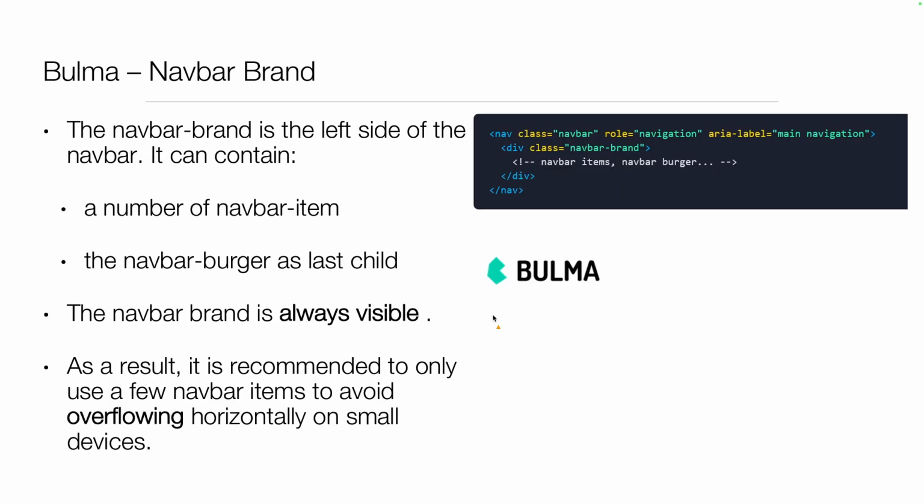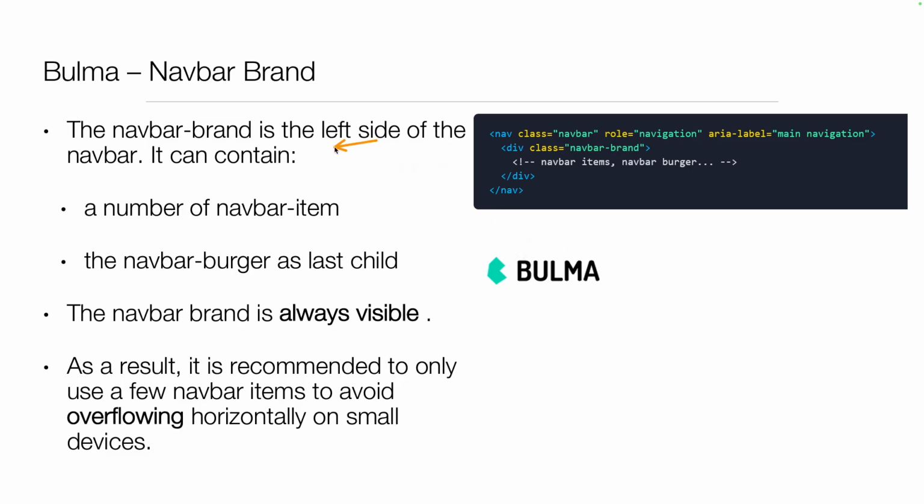So when we think of the navbar brand, it starts on the left-hand side. Unsure what you can change about that off the top of my head, but we're going to have the class of navbar, and we're going to have a navbar brand, and you can see here's what Bulma uses as their navbar brand.